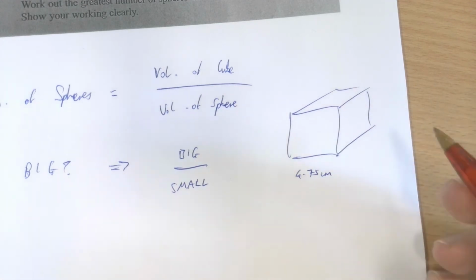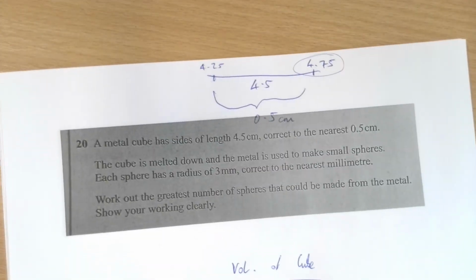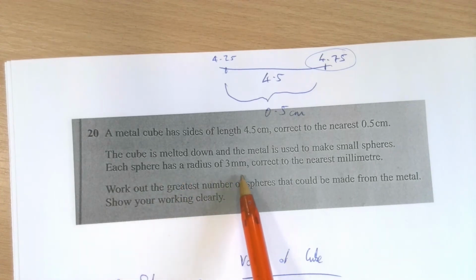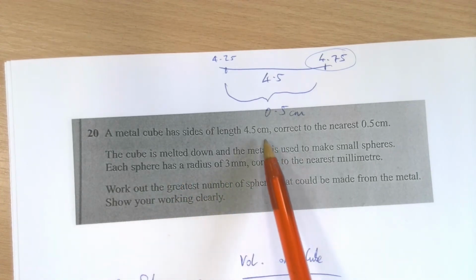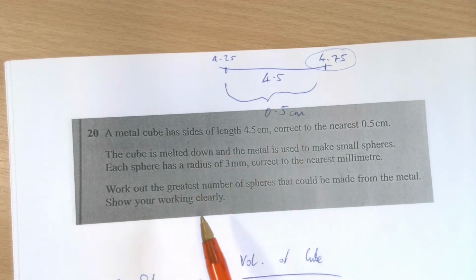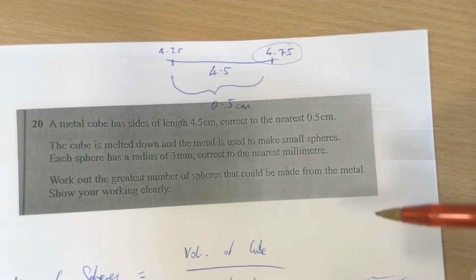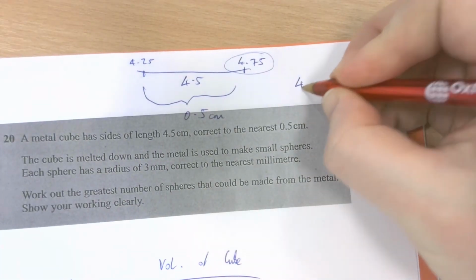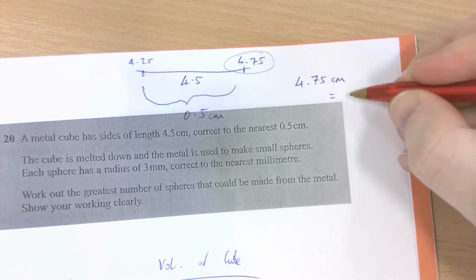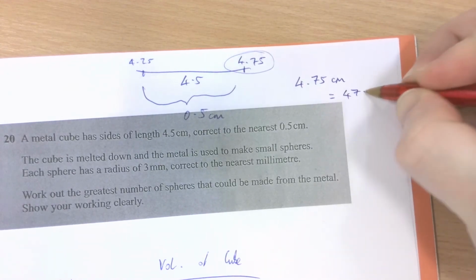Actually, before I carry on, because the sphere's radius is 3 millimeters, I might be tempted to convert this to be in the same unit. It's going to make the maths easier later on. So 4.75 centimeters is the same as 47.5 millimeters, isn't it?